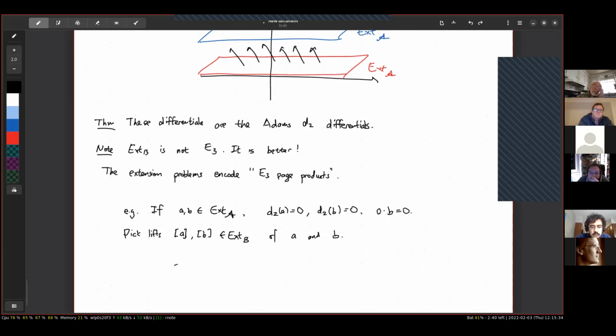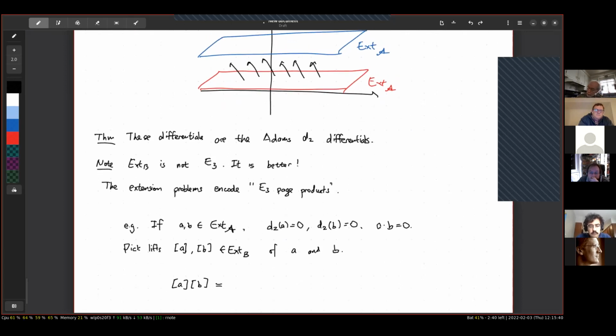If we look at the product in X over B, then it cannot have anything from the bottom layer because it's trivial on the E2 page. So it must be something from above.